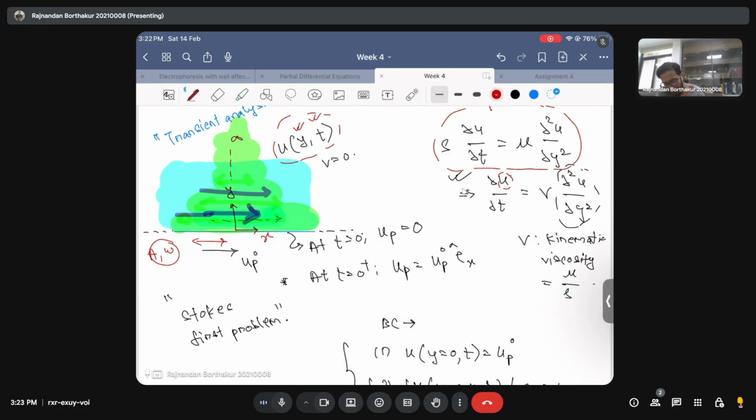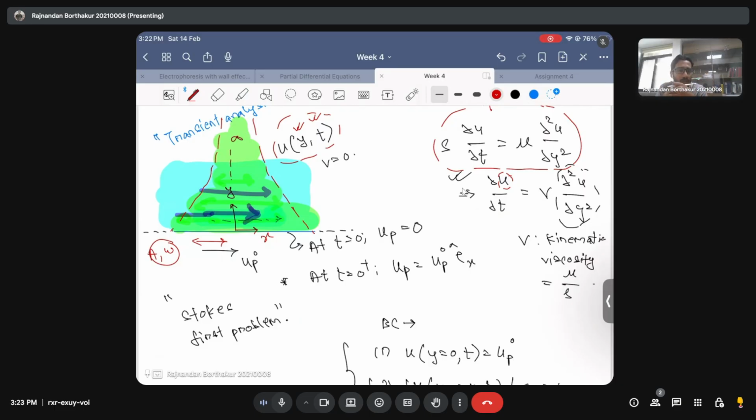This is one qualitative difference that you saw when you solved the Stokes second problem, because the plate oscillates about its mean position with a given amplitude a and a given frequency omega. Because the fluid is viscous, the fluid will also exhibit an oscillatory behavior. And this information actually changes the nature of the solution.